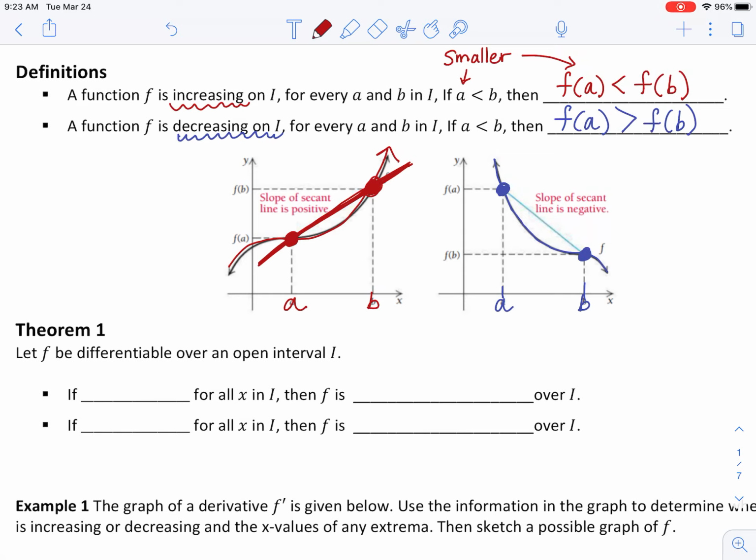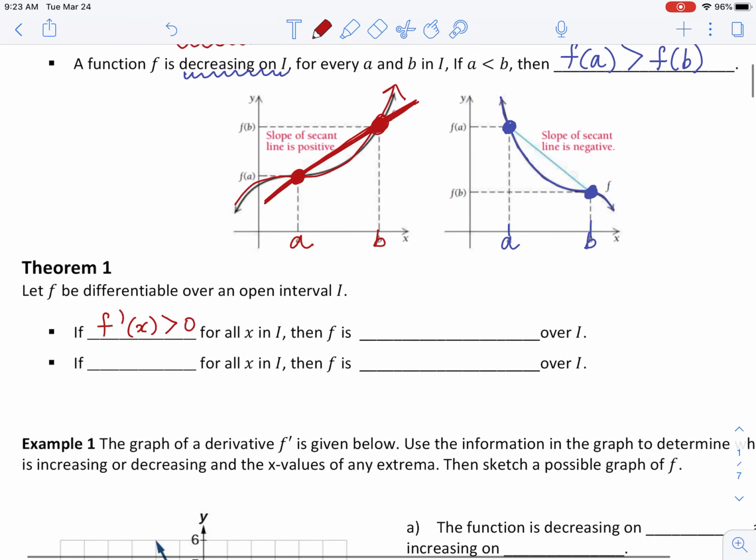So let f be differentiable over an open interval I. We say that if the derivative, f prime of x, is positive, look at the way that I'm writing this.